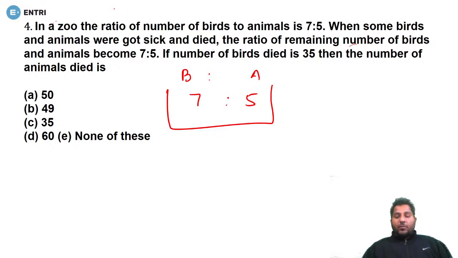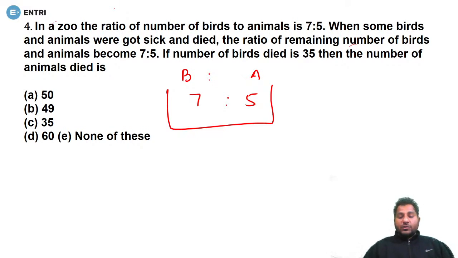Look, this question is an important one. How are you going to approach this question? You need to learn this one. In a zoo, the ratio of number of birds and animals was 7:5, while some birds and some animals got sick. So they have not given the identical ratio which you require. So what would you do?